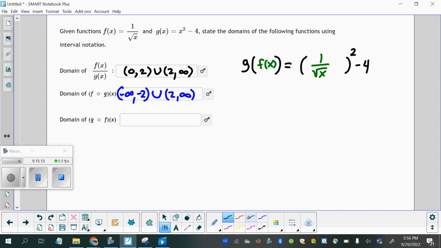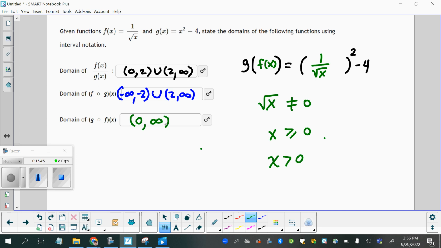Okay, so from here we can see that the square root of x, which is in the denominator of a fraction, has to not be 0. And furthermore, the x underneath the square root cannot be negative, right? So when you combine those two together, you get that x has to be greater than 0. And that is how we're going to make our interval. So from 0 towards positive infinity.